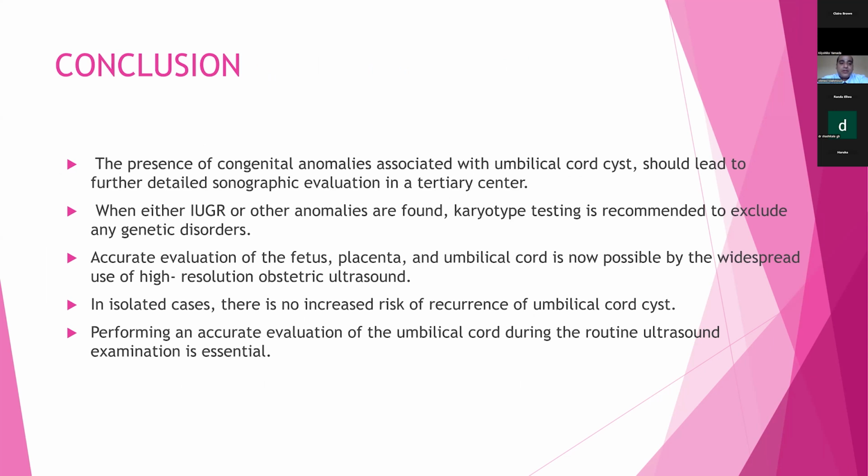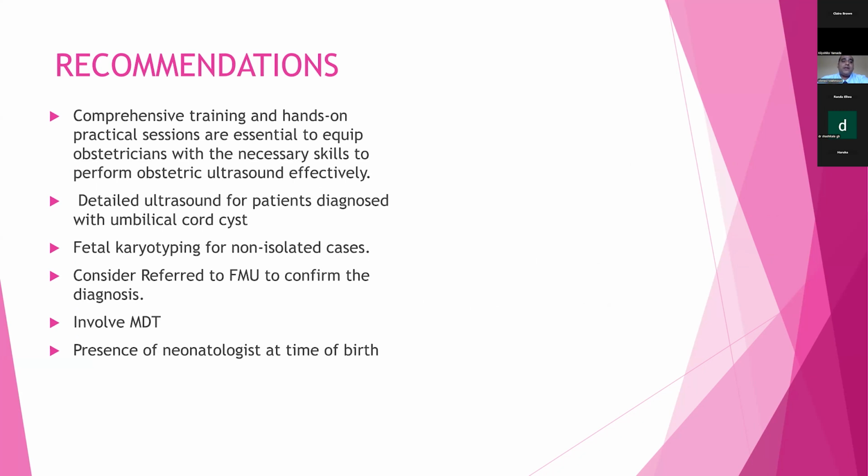Accurate evaluation of the fetus, placenta, and umbilical cord is now possible by the widespread use of high resolution obstetric ultrasound. In isolated cases, there is no increased risk of recurrence of the umbilical cord cyst, and accurate evaluation of the umbilical cord during routine ultrasound examination is essential to detect any abnormalities.